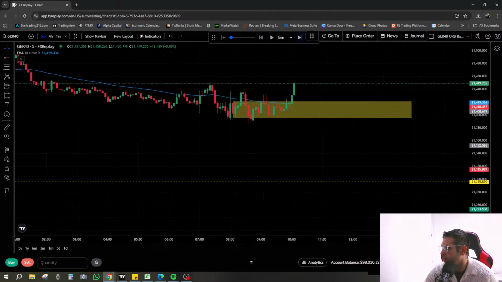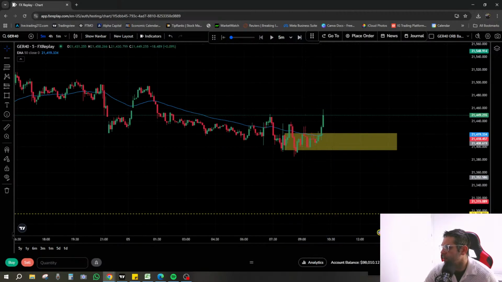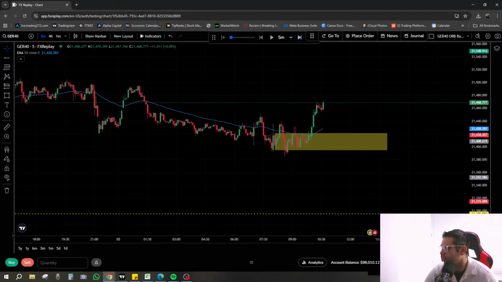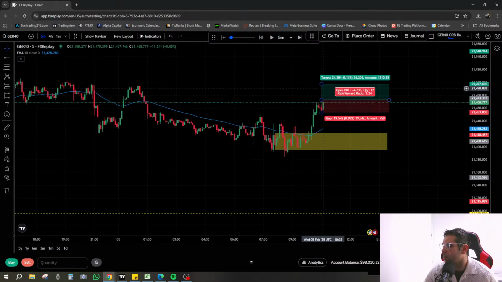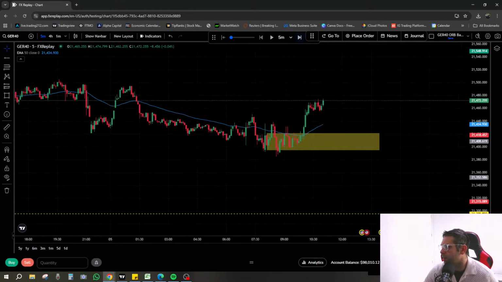So we have another break with good follow through. So ideally at this point I'll probably look for a retest. It's off the range, so maybe you could end up with a very small stop here, but it's quite risky, so I wouldn't take it. Yeah, it would have stopped us out right here.